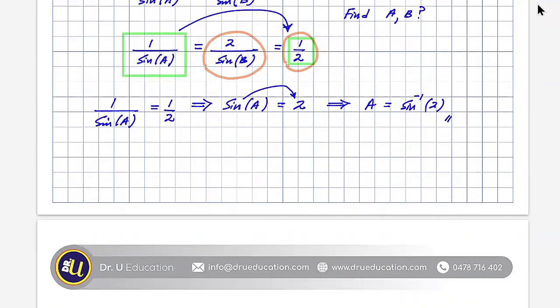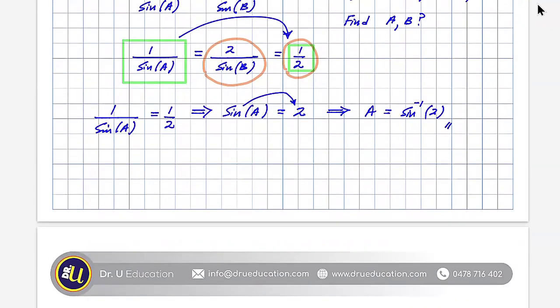All good. So now let's go to the other one. We need to find B now. So I have 2 divided by sine B is equal to half. I'm going to make sine B the subject. So when I do that, that would be 4. Now you can find B. How do you find B?